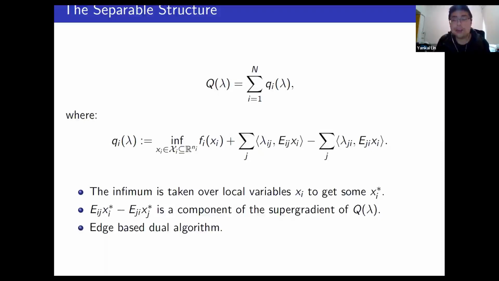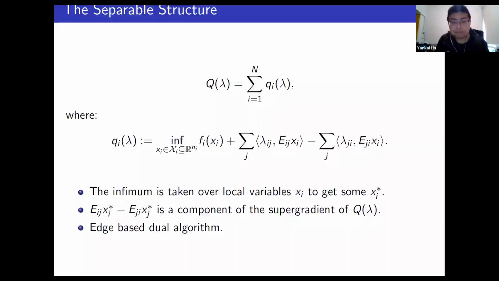You remember we have those equality constraints in the form of e_ij xi minus e_ji xj. We group everything related to xi, with some positive terms and negative terms, to agent i, let's call this the individual dual function, so that agent i can minimize it locally without communicating with others.